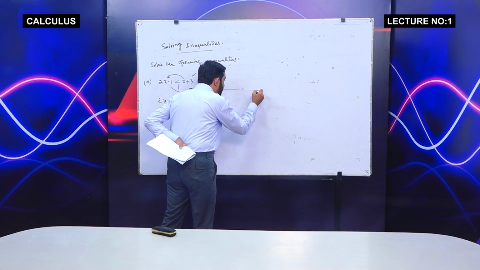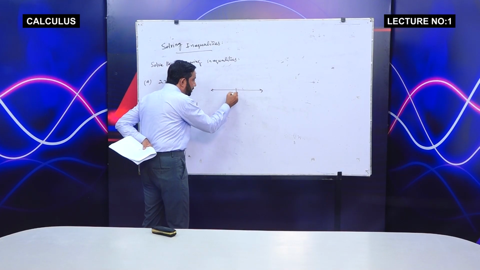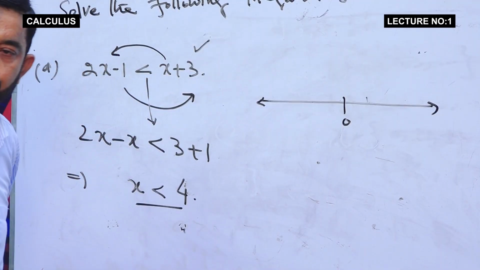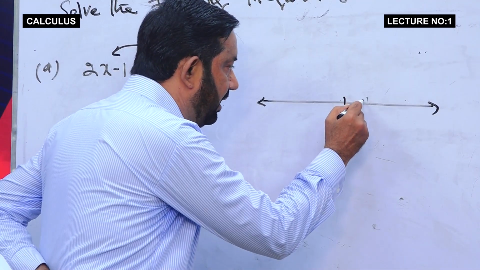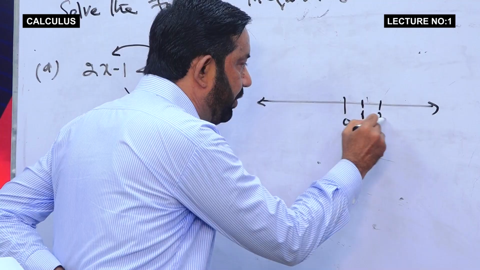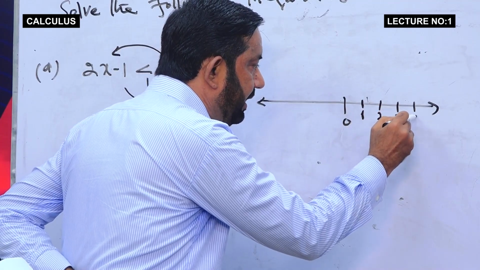So dear students, we have this real line. This is the 0. Note that on the right side we have 1, 2, 3 and 4.